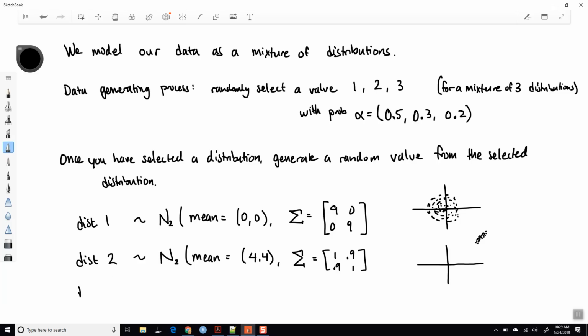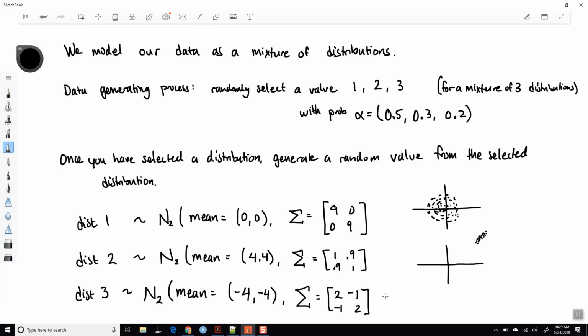Okay, and then distribution 3. Maybe this is a normal distribution. I'm just making stuff up here. We'll say the mean is equal to -4, -4, and the covariance matrix maybe is 2, -1, -1, and 2, or something like that.